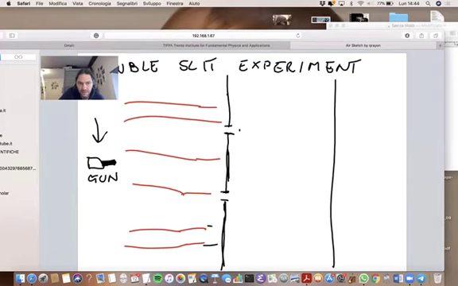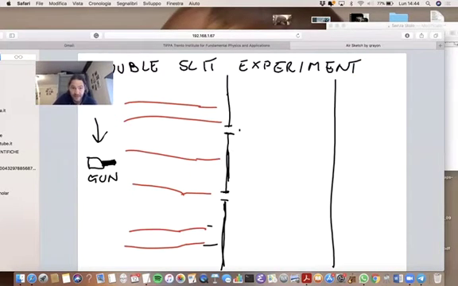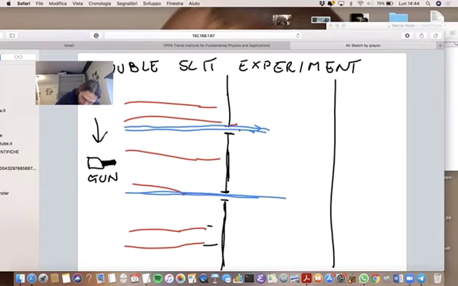However, those who can pass through the hole will go through. So let me draw this in blue. So there will be some bullets that can make it through the first hole, and some bullets that can make it through the second.